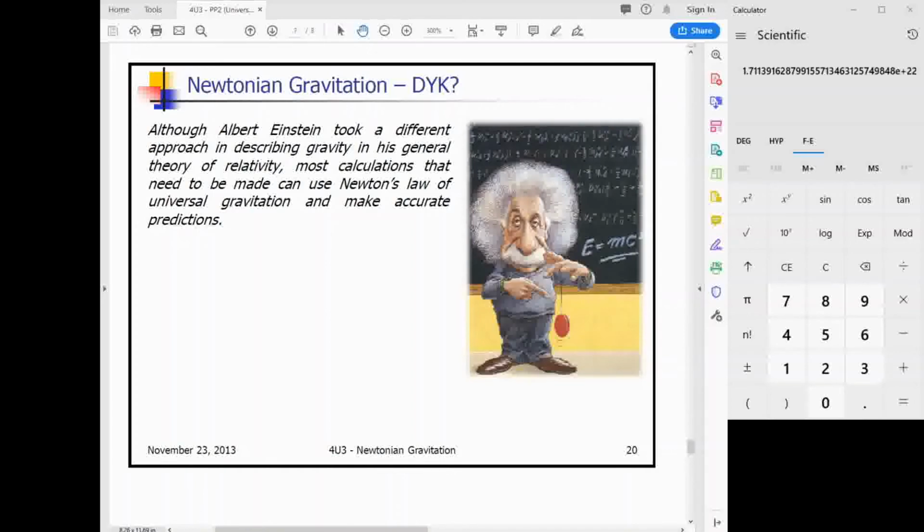So for our purposes, in this unit, we're going to use F_G equals G times the product of the masses over the square of the distance between them. In your later courses, you might be introduced to some other ways of calculating that, but the law of universal gravitation works very well for what we are doing in this course.